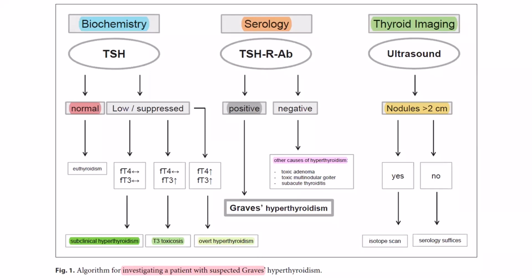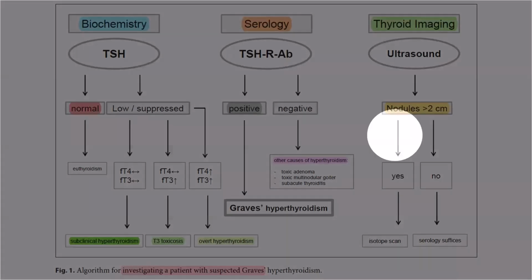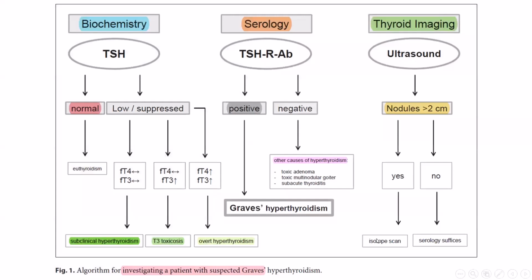When we do thyroid imaging by thyroid sonography, which is not indicated in most cases of Graves hyperthyroidism, except if we suspect a thyroid nodule: if a nodule is more than 2 centimeters, it may indicate toxic adenoma. In this situation, the next step is the isotope scan.